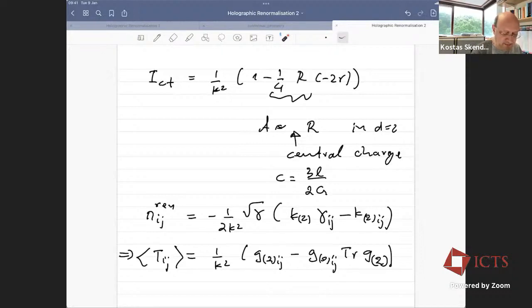Let me do one application of this formula, and then we'll discuss the two-point function of the energy momentum tensor, again using this formula. So one application is just to compute the energy of the system using the energy momentum tensor. As I reviewed yesterday when I started the lectures, one can use the energy momentum tensor to compute the energy and momentum.